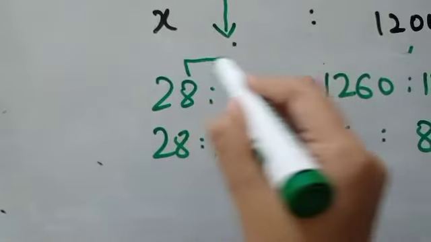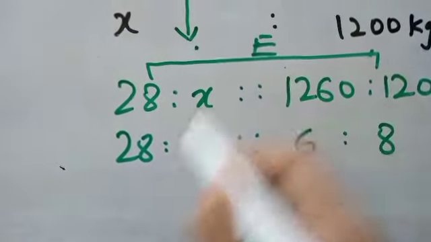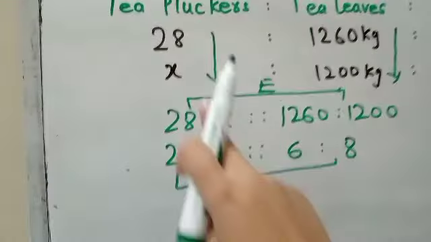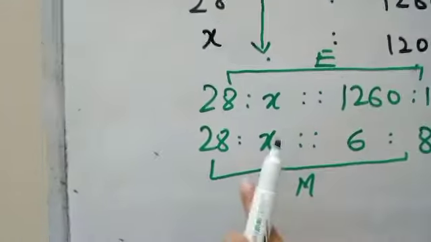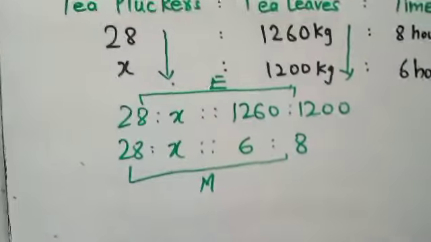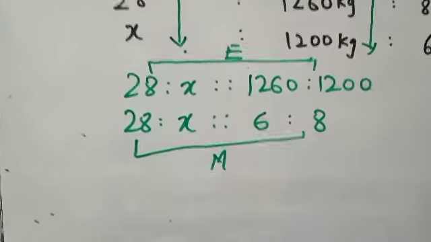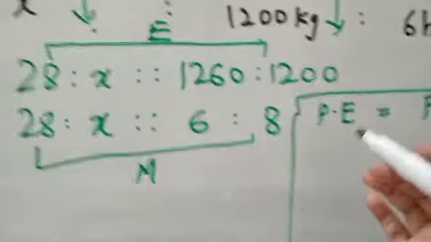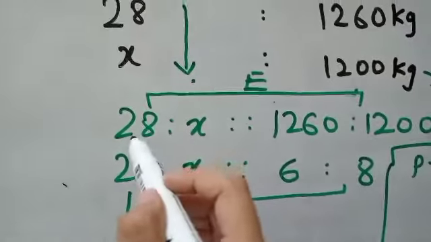Now same thing, this is extreme and this is mean. I am writing short terms, but please you will write complete spellings and all the things like this, mean, extreme. You will do it with pencil. See how I am writing product of extreme is equals to product of mean. So I will first focus on extreme. Again look at it.